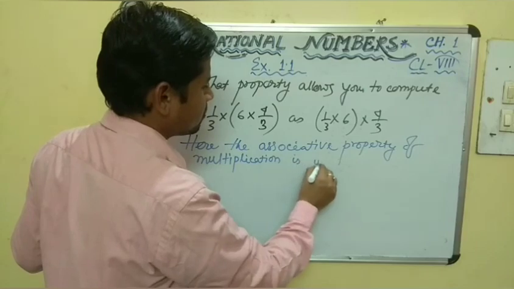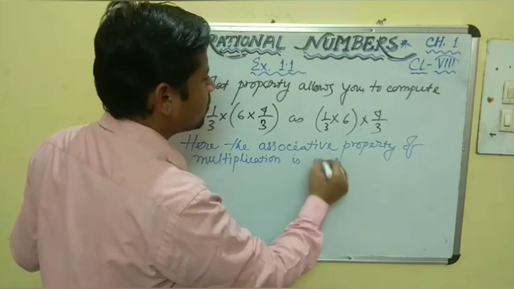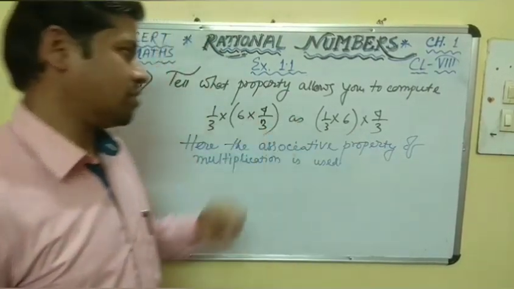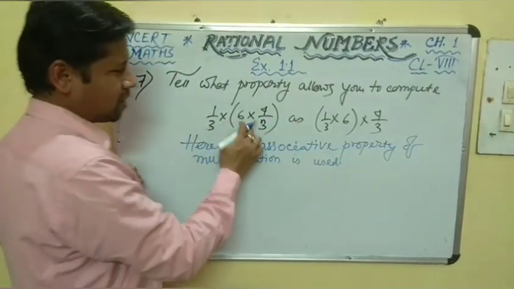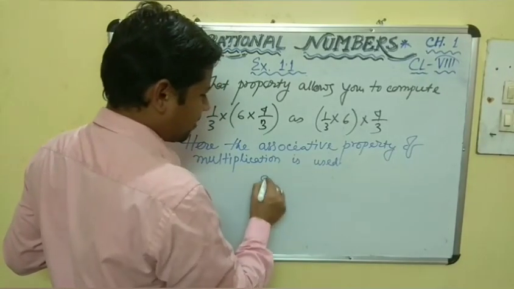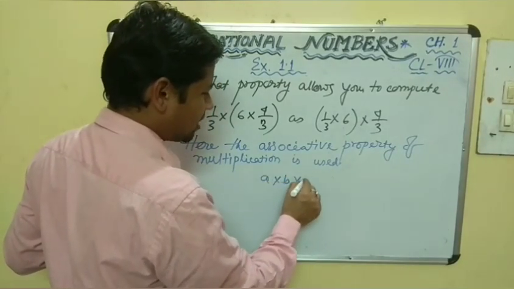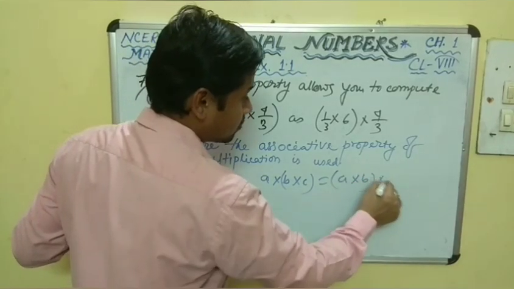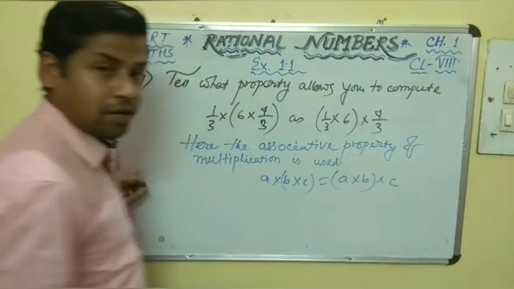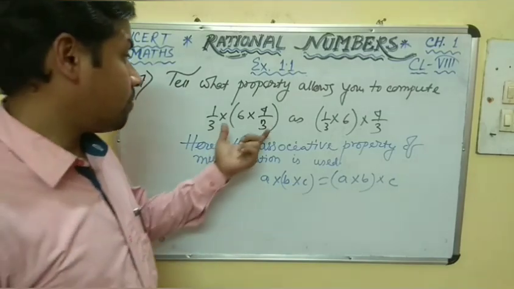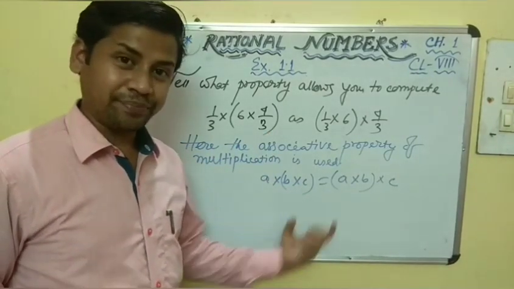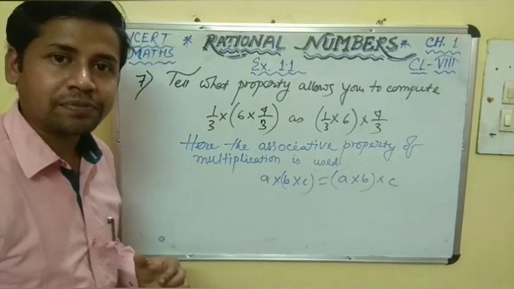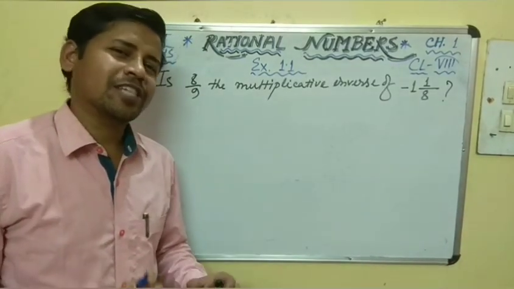We will use the associative property of multiplication to compute this, because A into B whole into C equals A into B into C whole. We have already proved the associative property of multiplication in the discussion periods. So I think it is clear to all of you. Students, let's go for question number 8.